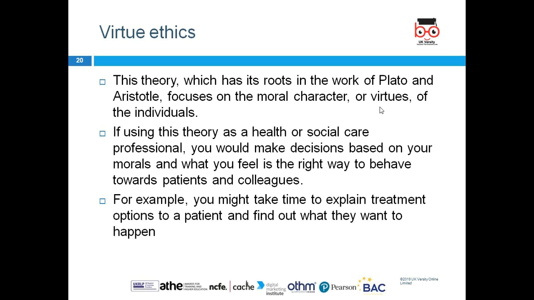If you're going to use this theory as a health and social care professional, you need to make decisions based on your own morals and what you feel is the right way to behave towards your patients and colleagues. So, for example, you might take time to explain treatment options to a patient and find out what they actually want to happen. So in this example, you're getting the patient involved in their own treatment.